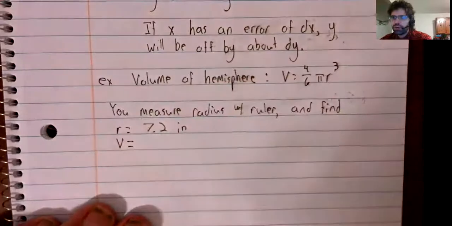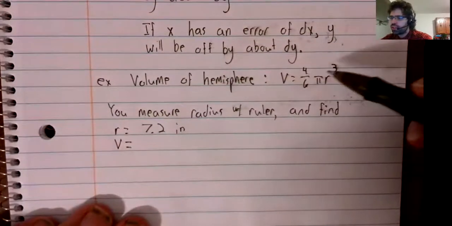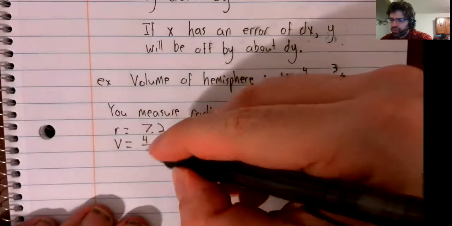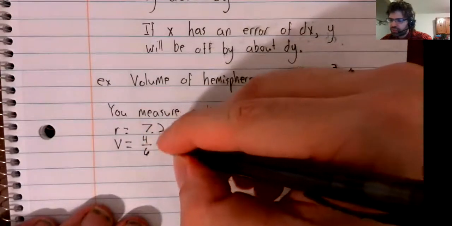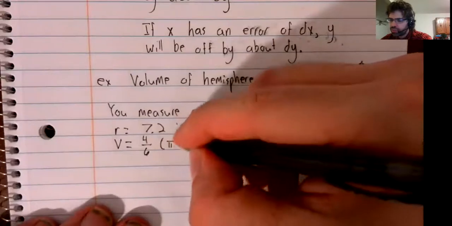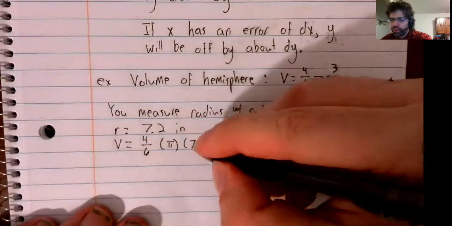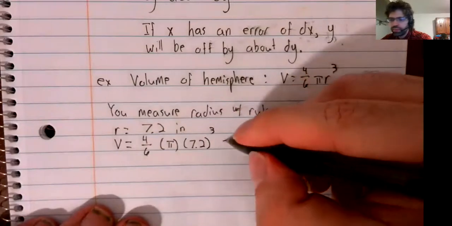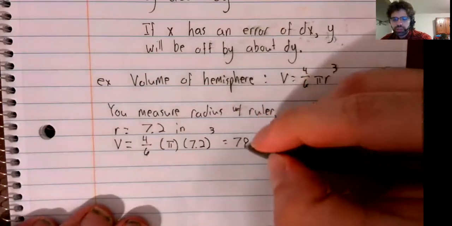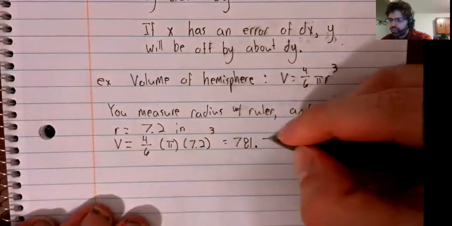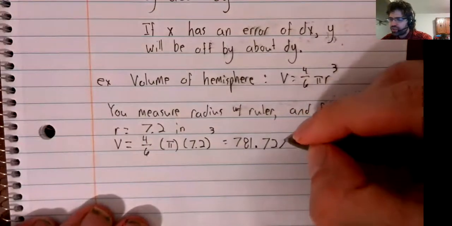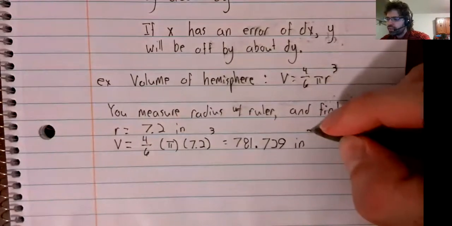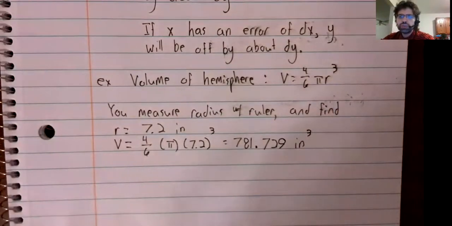Then the volume, according to this formula, is 4/6 times pi times 7.2 cubed equals 781.729 inches cubed.